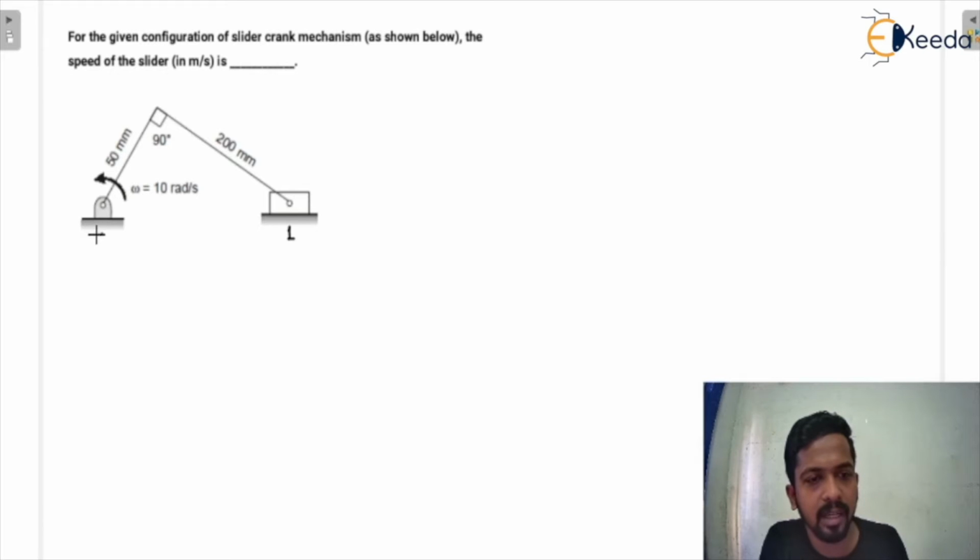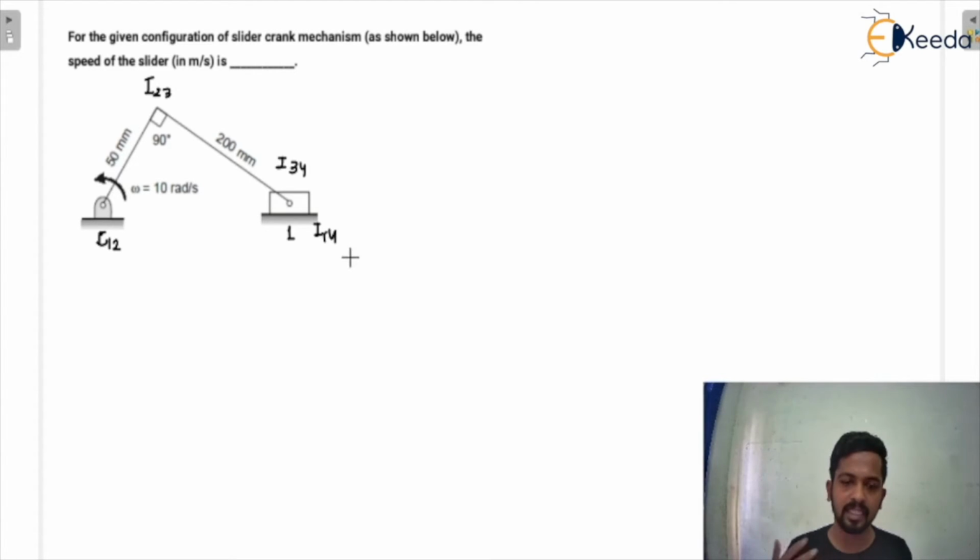So first, we are discussing that this is I12 and this would be I23 and this is I34 and that is I14. Out of 6 instantaneous centers, because there are 4 links, we calculate the number of instantaneous centers and you will get 6.